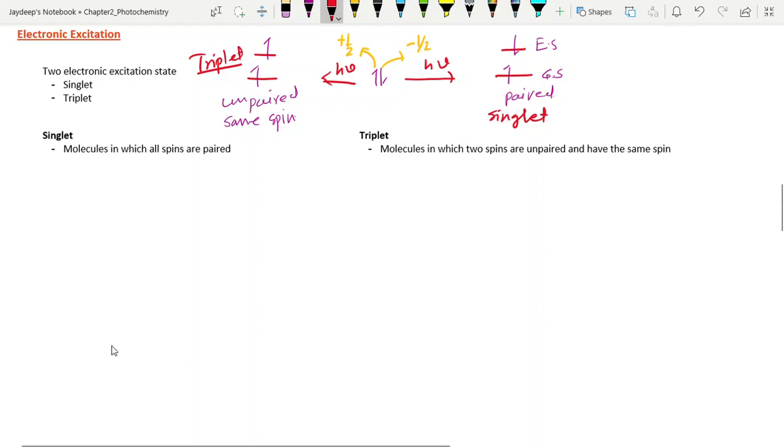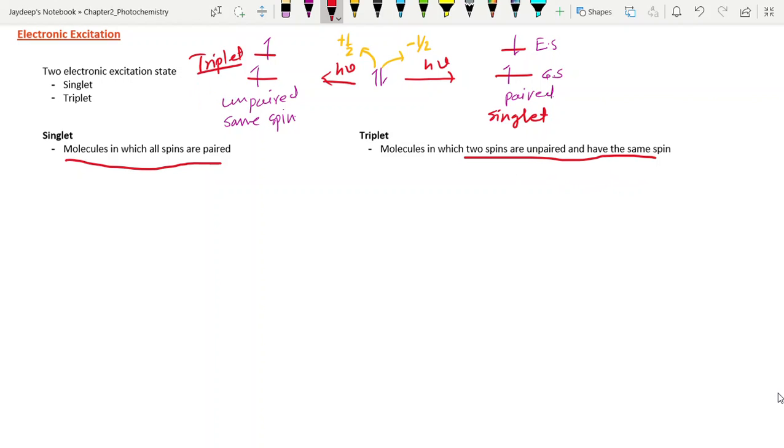So this is the basic definition. Molecules having paired spins are singlet, and molecules in which two spins are unpaired and have the same spin are triplet. The condition in the triplet state is that two spins are unpaired and have the same spin.